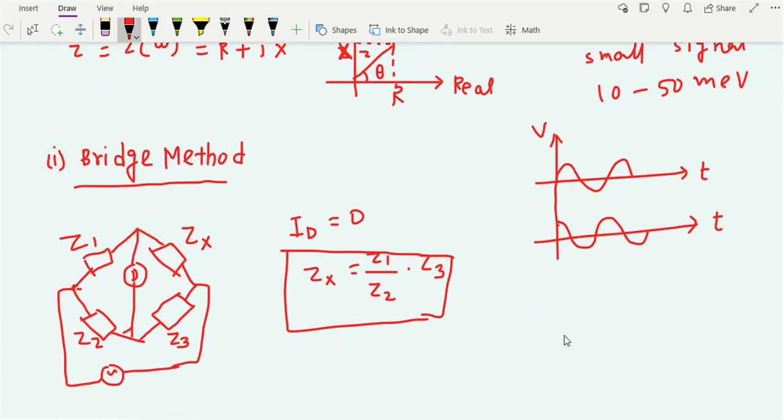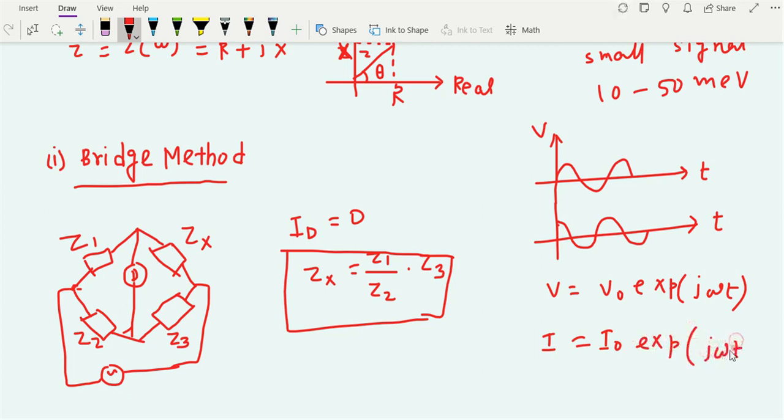For example, if your signal is V equal to V0 exponential of j omega t, your current should be I equal to I0 exponential of j omega t plus phi. So the frequency should be the same, but there may be a phase shift.